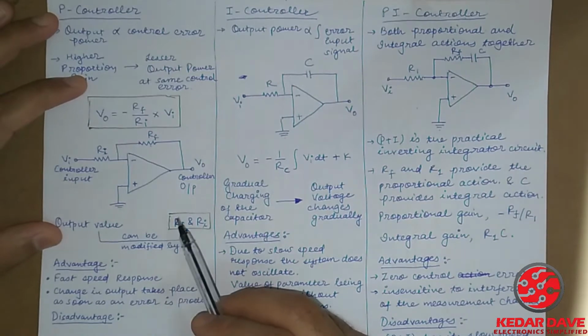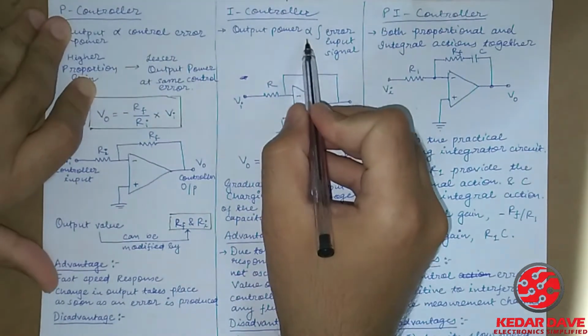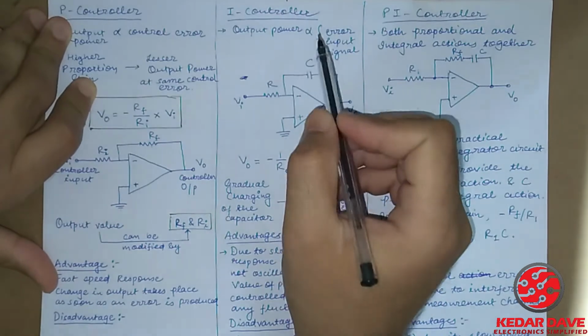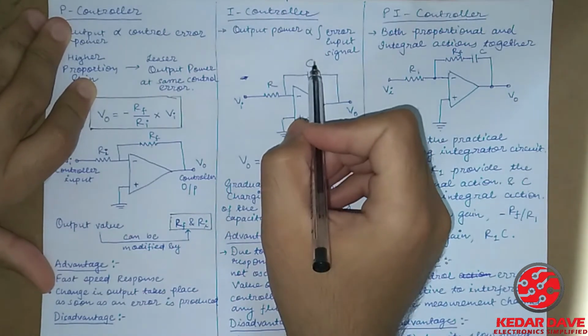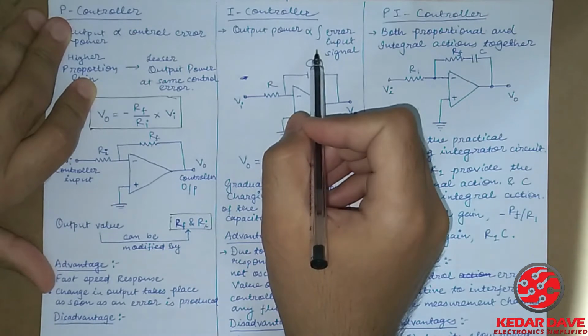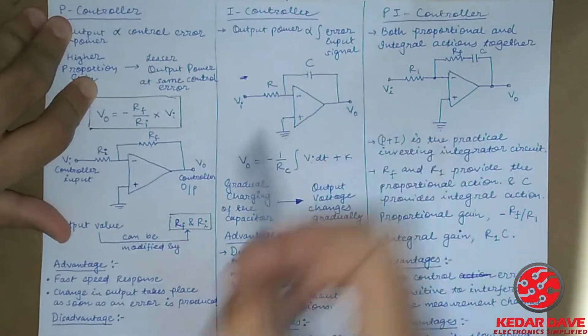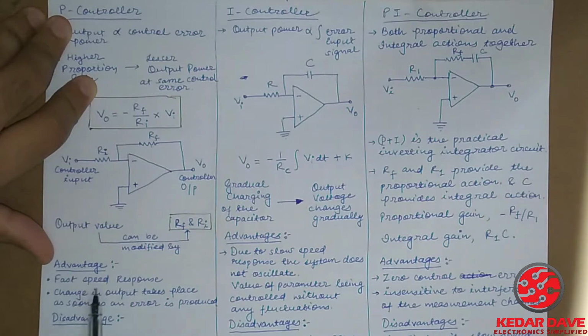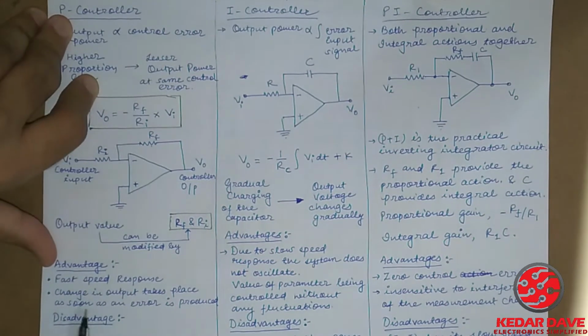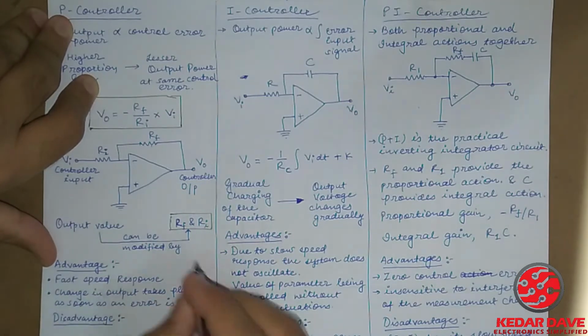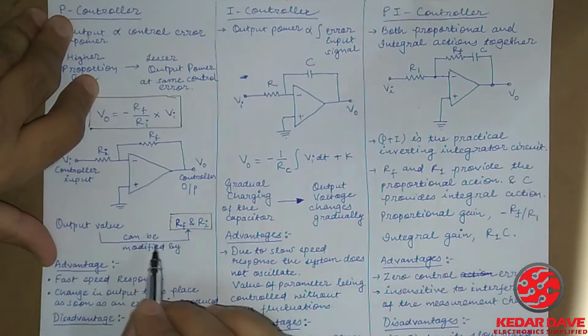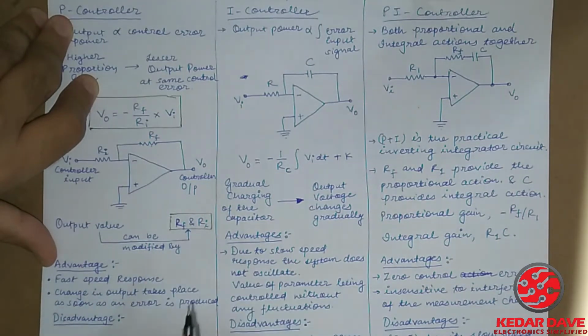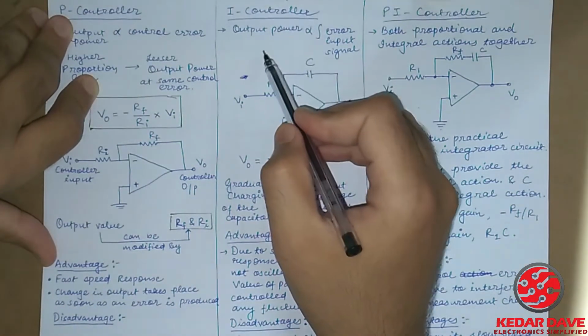Here you can see that output power is directly proportional to the error input signal. So the speed of response will be higher, and as soon as an error is produced, the output will be produced at the output terminals. This way it can be described.